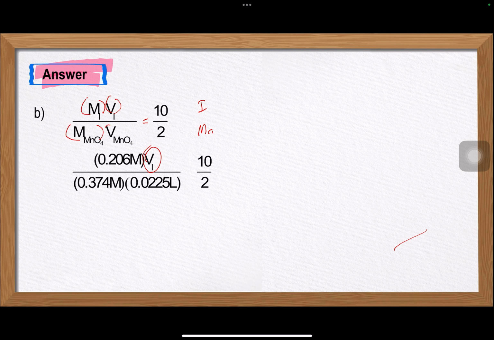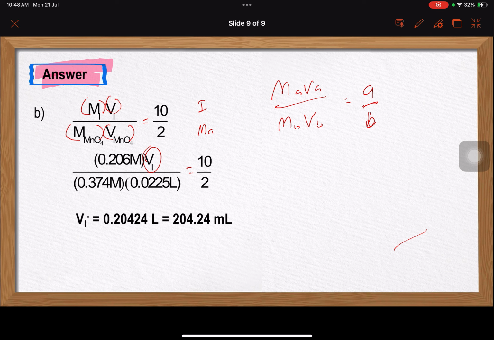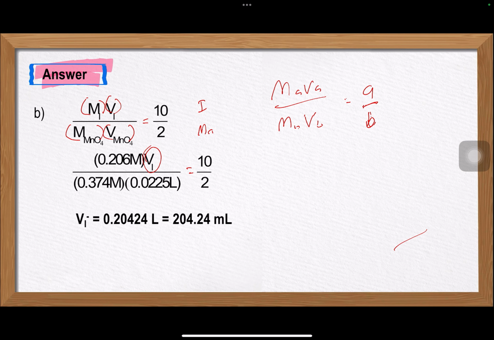Put it in this equation: MAVA over MBVB equals A over B. The volume needed for iodine is 204.24 milliliters. Okay, that's all for 28.